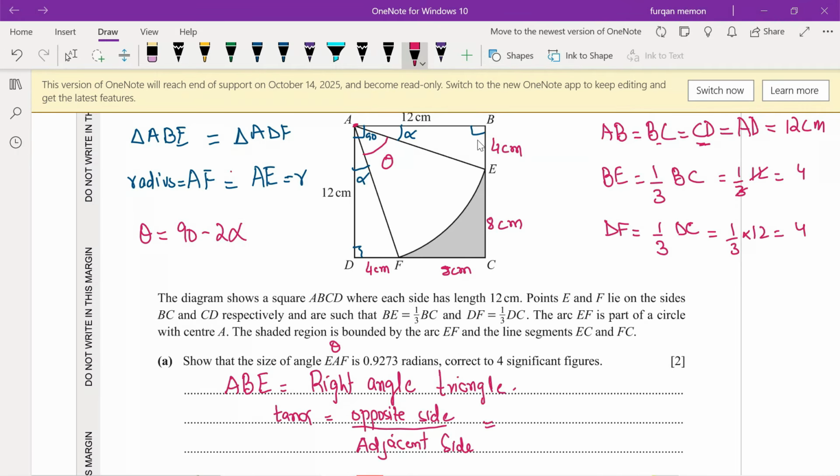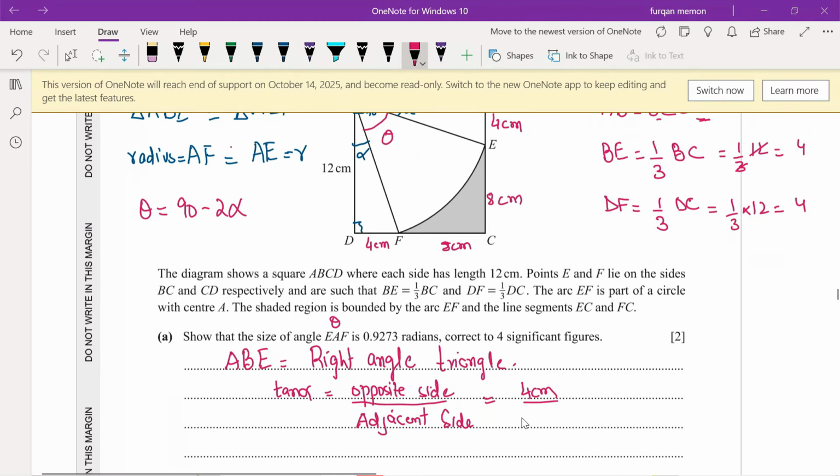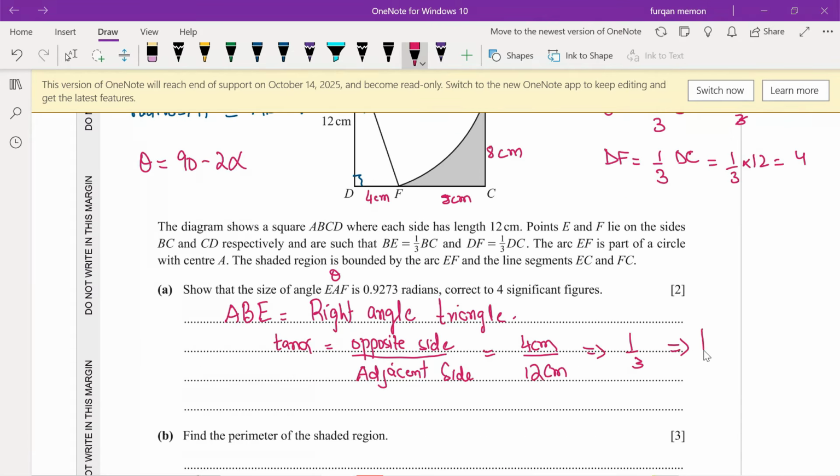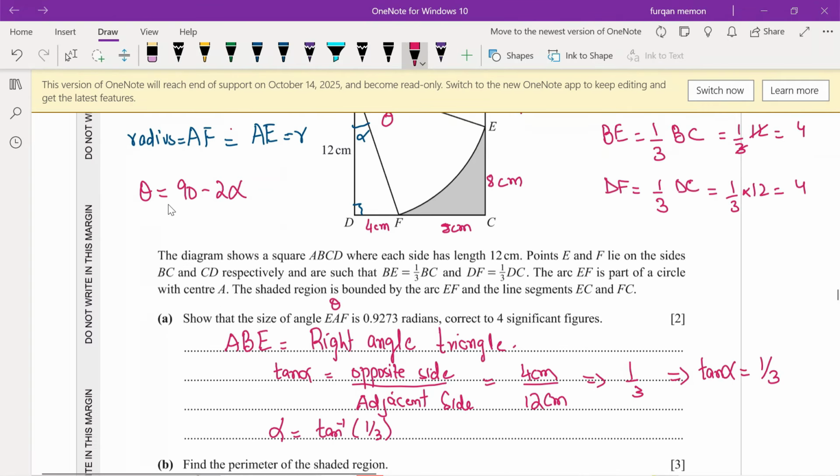The opposite side is 4 centimeters divided by 12 centimeters, which is the adjacent side. So this is equal to 1/3. So tangent alpha is equal to 1/3 and alpha is equal to tangent inverse of 1/3.